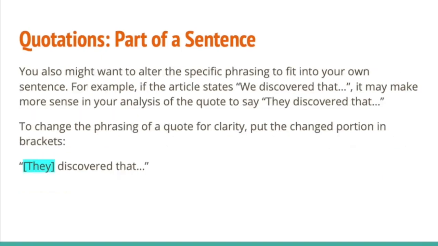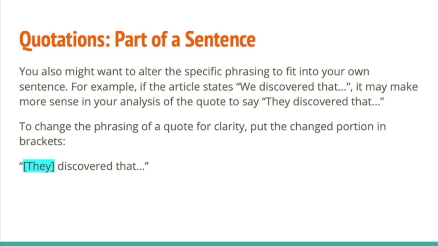If you want to include a quote as a part of a sentence, but you find that the grammar doesn't make sense when you include it in your own sentence, you can change the quotation, but you have to show to the reader that how you're changing it is not how it was in the original source.